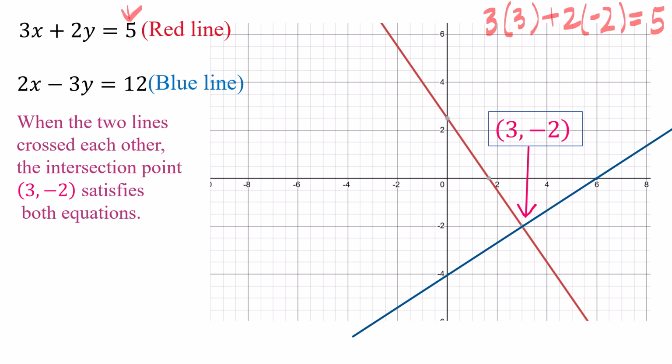Similarly, if I substitute x equals 3 and y equals -2 into the second equation, you'll get 12, which is the value on the right-hand side of the second equation. So this is what we mean by the intersection point. (3, -2) satisfies both equations.